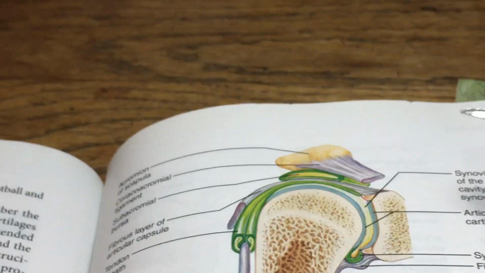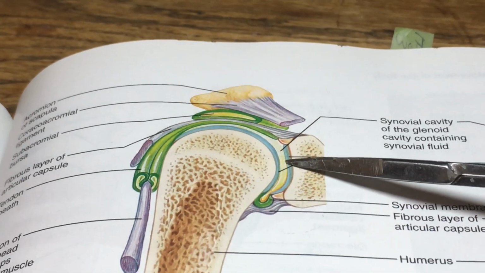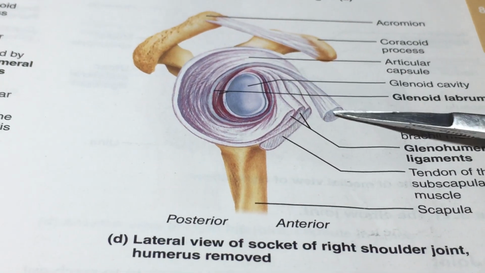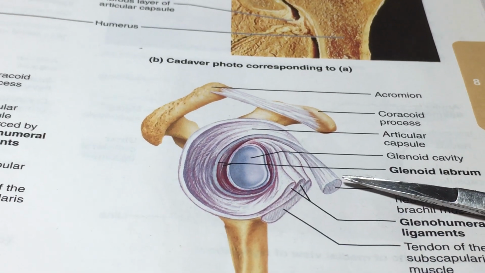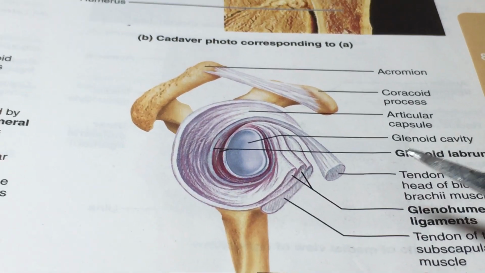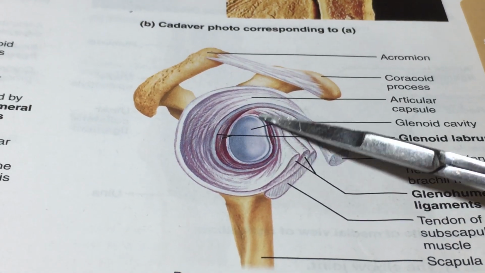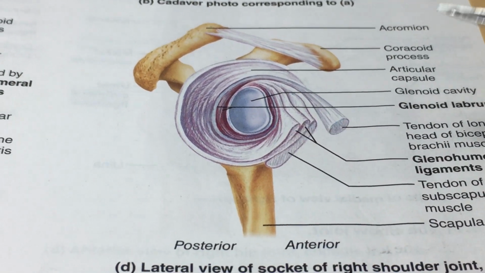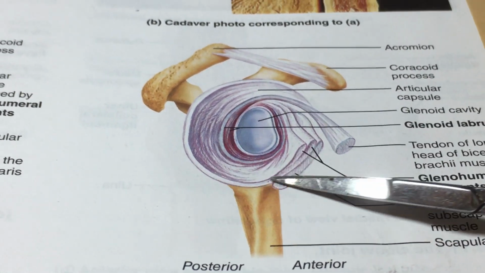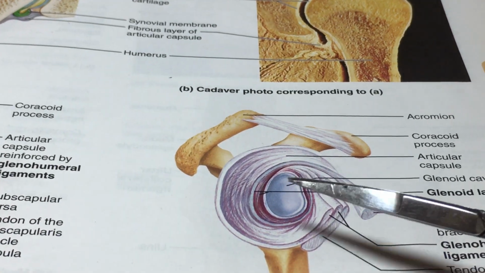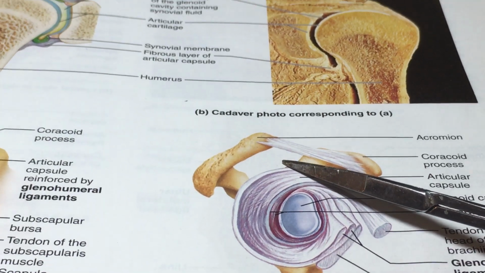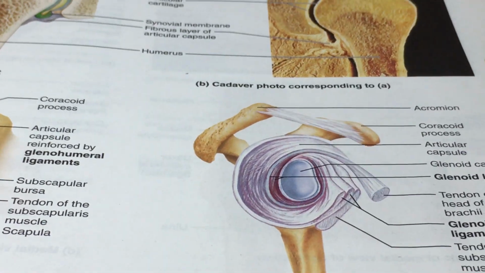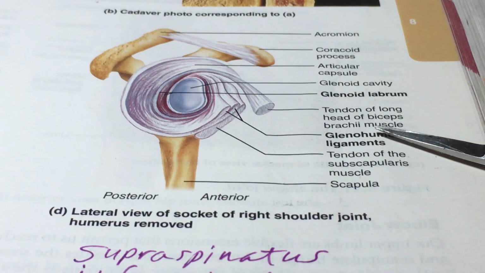Again, we have this joint presentation that we saw before, and I want to take a look quickly at this particular view right here. Here we have the glenoid fossa, where the head of the humerus is fitting, and then we have actually four muscles coming off of here. Let's take a look down here.